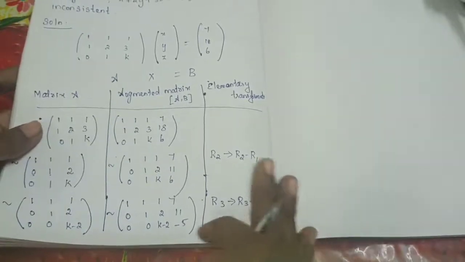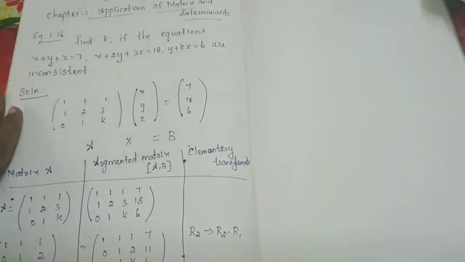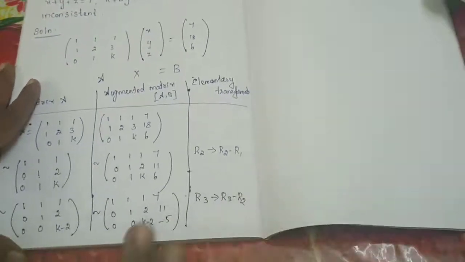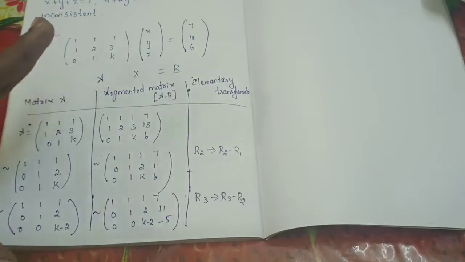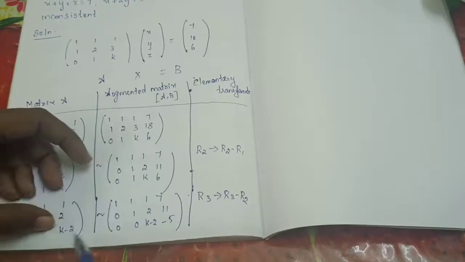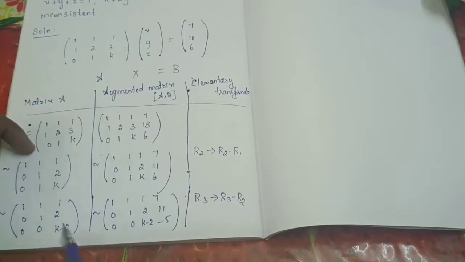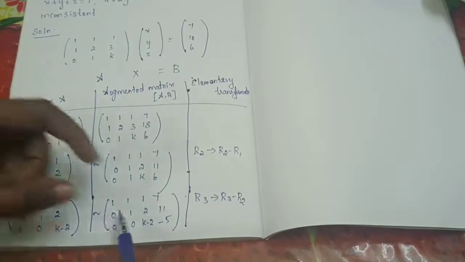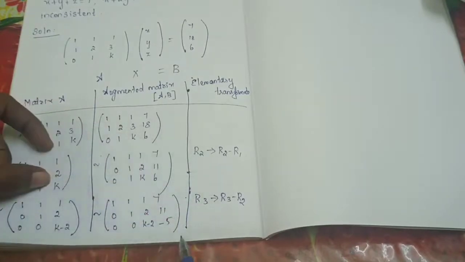Now we must be very careful. It is given that the system is inconsistent, which means rank of A comma B is not equal to rank of A. If k is equal to 2, then 2 minus 2 becomes 0, so rank of A is 2, but rank of A comma B is 3.